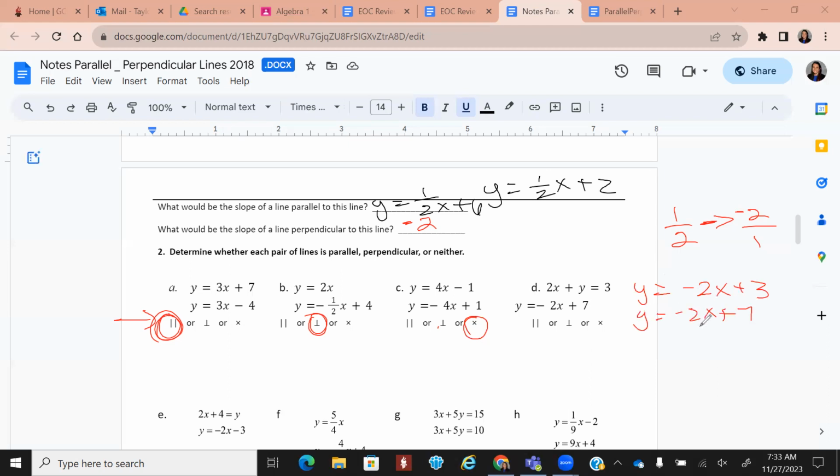Now, are these the same, or are they negative reciprocals? They're the same, so that's going to be parallel. Can you take a moment and do E, F, G, H? You must put it in y equals mx plus b form first before you start messing with it. Okay, try those next ones.